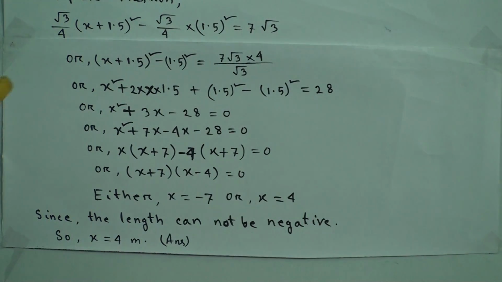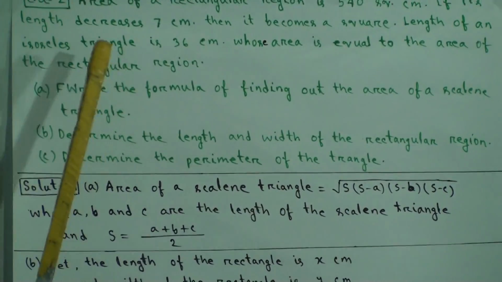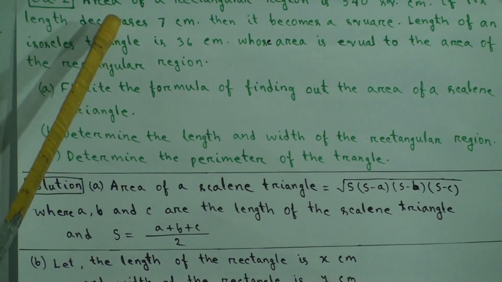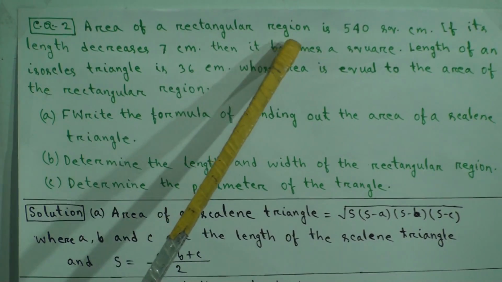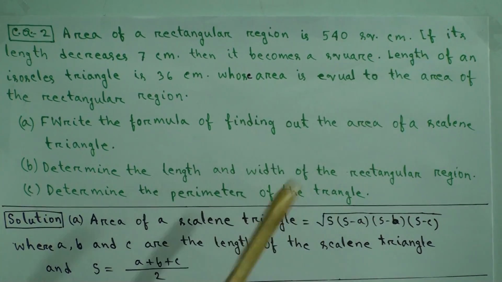Okay, dear students, we have finished our solution of CQ1. Now we will solve CQ2. Here the question of CQ2 is, the area of a rectangular region is 540 square centimeter.